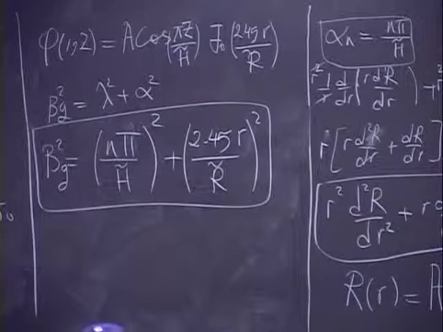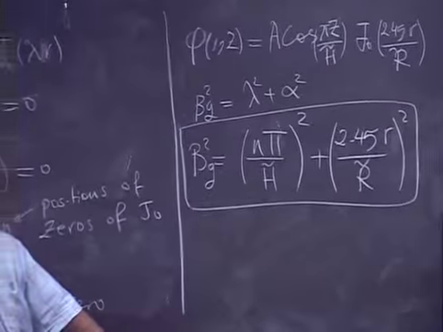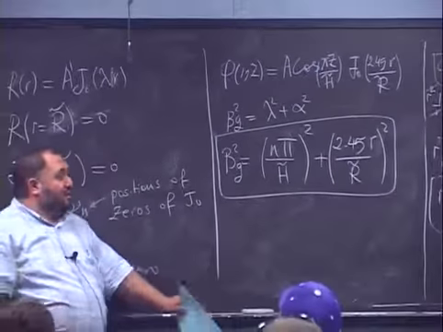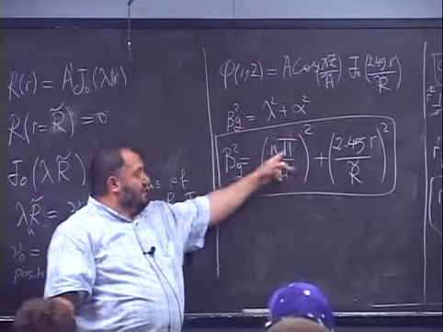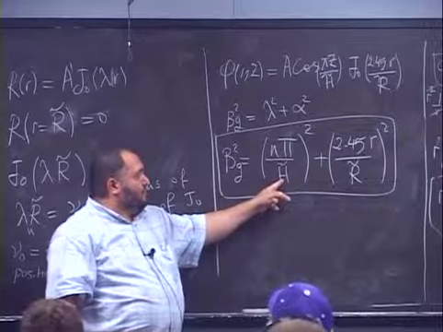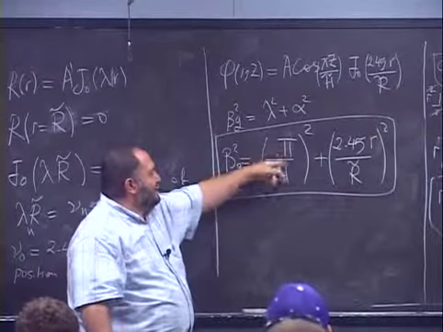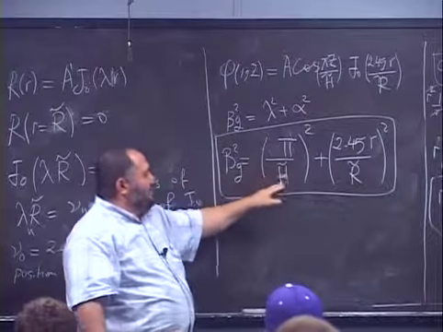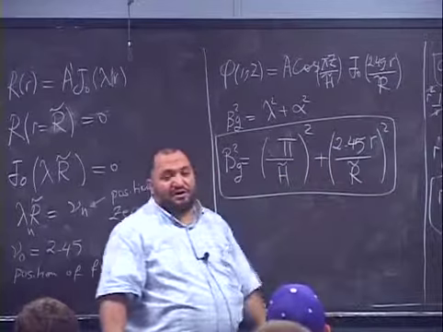So if you are talking about a finite cylinder with height H tilde and radius R tilde, the geometrical buckling is equal to n pi over what? Of course, if n equal to 1, as I picked here, this would be pi over H tilde, plus 2.45 over R tilde, all squared.